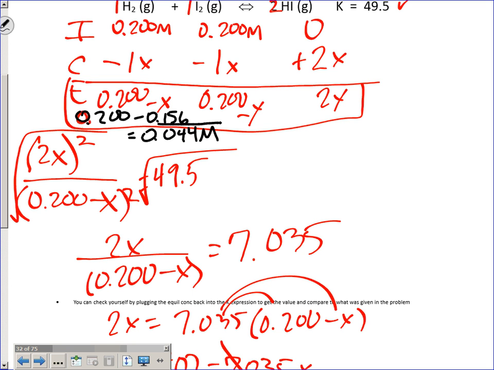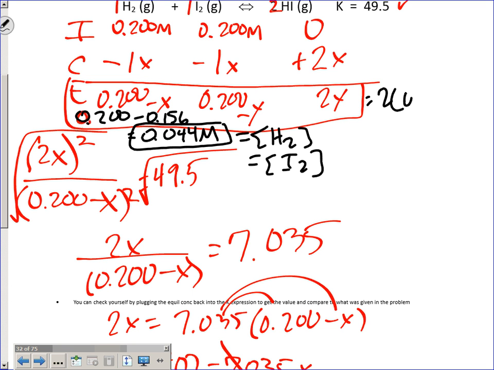That molarity equals... Is it 2 zeros or 1 zero? 1 zero. Yeah, okay. That's the concentration of H2 and I2. Yes? And then this is 2 times 0.156 molar, which is 0.31, which equals the concentration of HI.